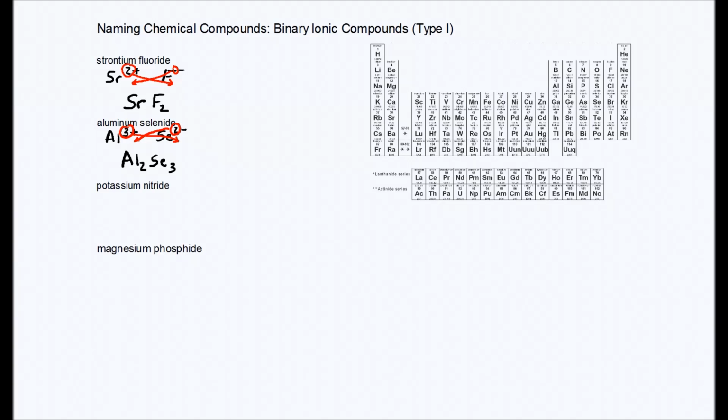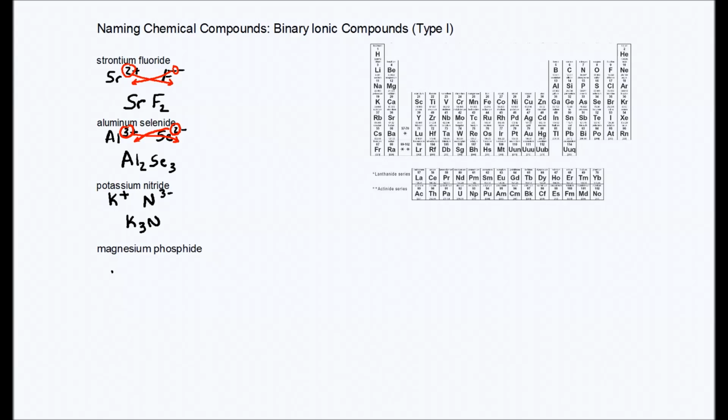Potassium's K with a +1 charge. Nitride is nitrogen, so N. Nitrogen has a -3 charge. Crossing the charges now, what I find is that I have K3N.